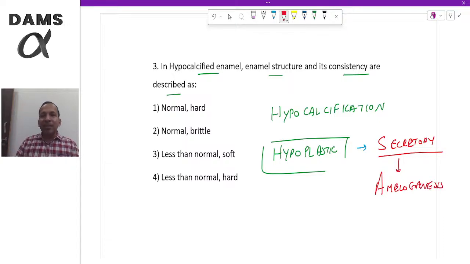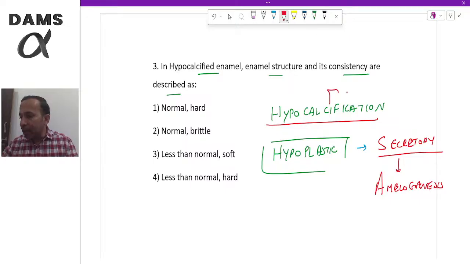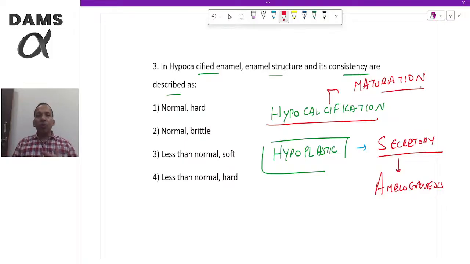On the other hand, the defect in hypocalcification is in the maturation stage, isn't it? So the stage that is defective is different in both of these.